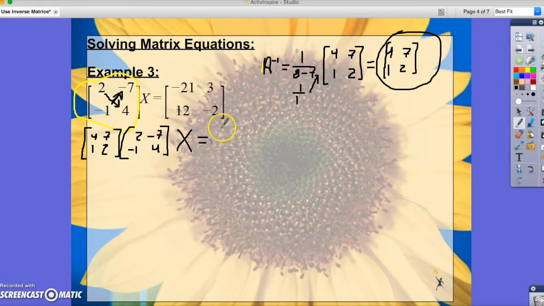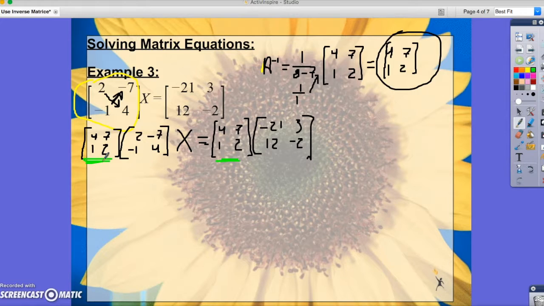And what I do to the left, I have to do to the right as well. If you notice, my inverse is on each side.